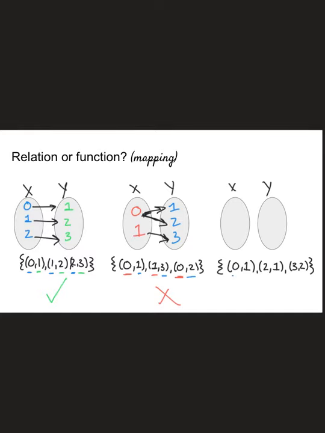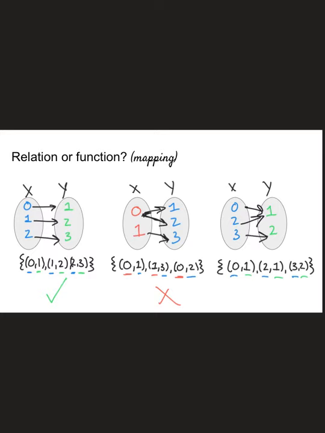For our x's, we've got 0, 2, 3. And our y's, we have 1, 1, 2. So we only need to write 1 once and 2. 0 goes to 1, 2 goes to 1, and 3 goes to 2.